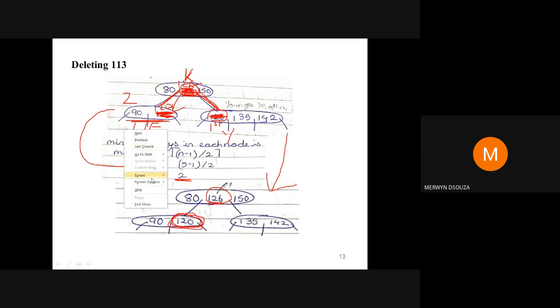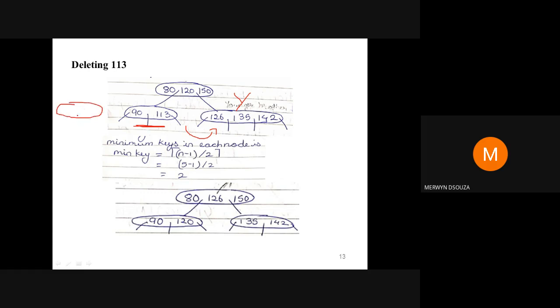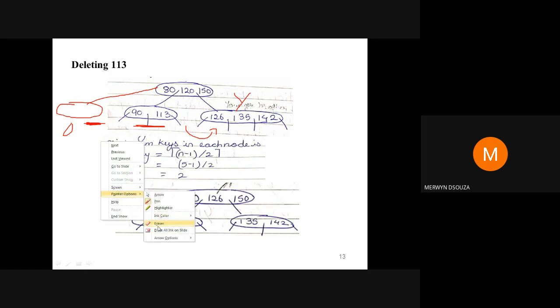So in the first case, whenever an underflow occurs, we look at its sibling, a younger brother, or if there was an older brother, we look at any one of the siblings. If there was an older brother, we could have also borrowed the value from there.